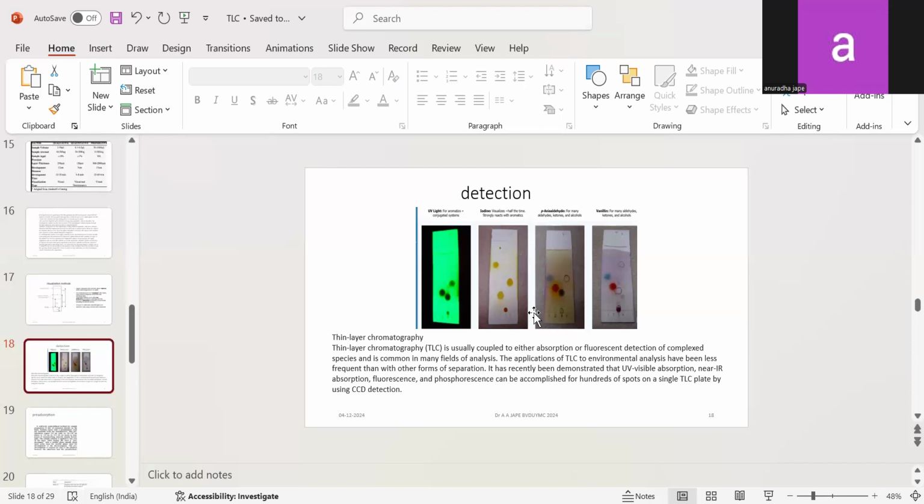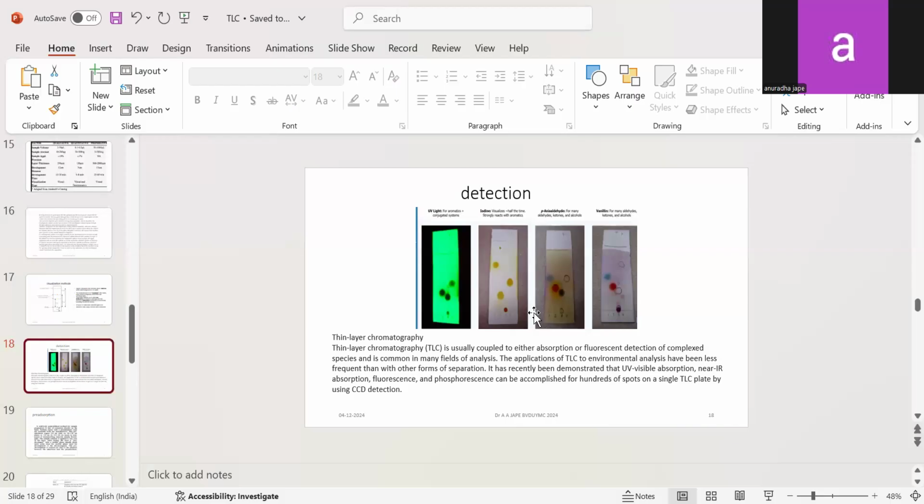Now, another important thing to be talked about is that the movement of compounds on TLC may be characterized, not just observed. I'm talking about characterization, and that is with the help of the RF value. Just in the previous slides, we talked about the retention factor, the RF value, which is a measurement. Of course, as I said earlier, it is going to change for one analyte depending upon the solvent system chosen.